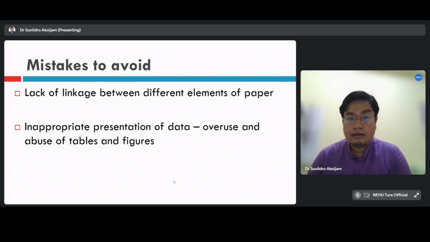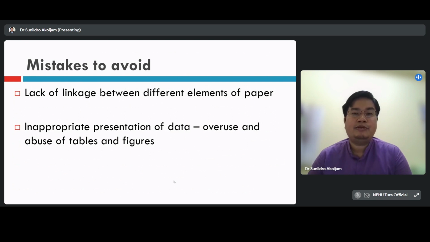Then, for example, there should be proper linkage or synchronization between the information included in the introduction and the information in the literature review. If it is not, then it creates a kind of confusion, or many times when the reader reads it, they may not be able to understand it also. So that should not be there. Lack of linkage should not be there.